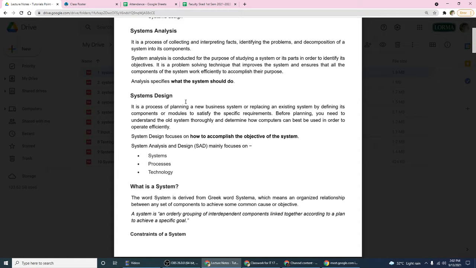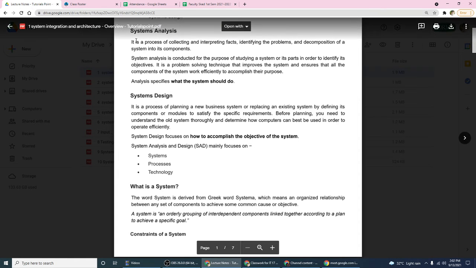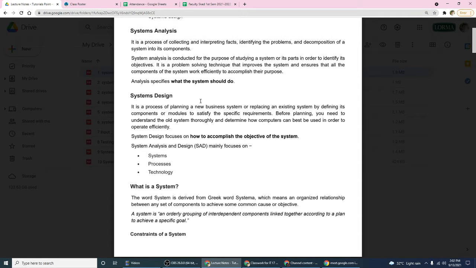By the way, when we say system, there are systems that are manually done, which they call the traditional system or the manual system, and then we have the computerized system, which they also call the proposed system.